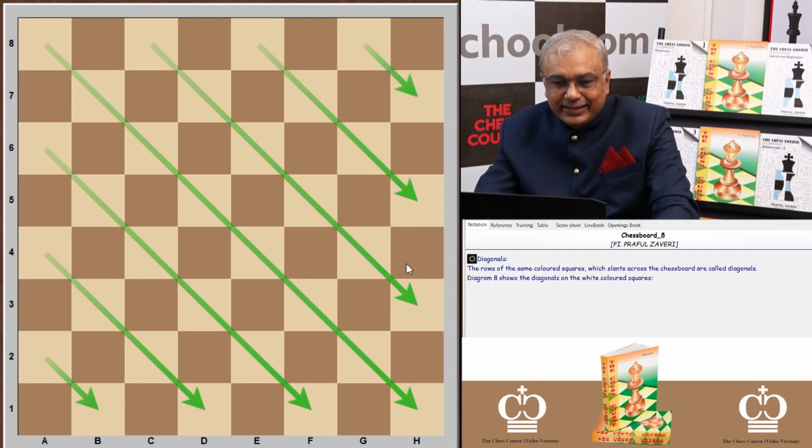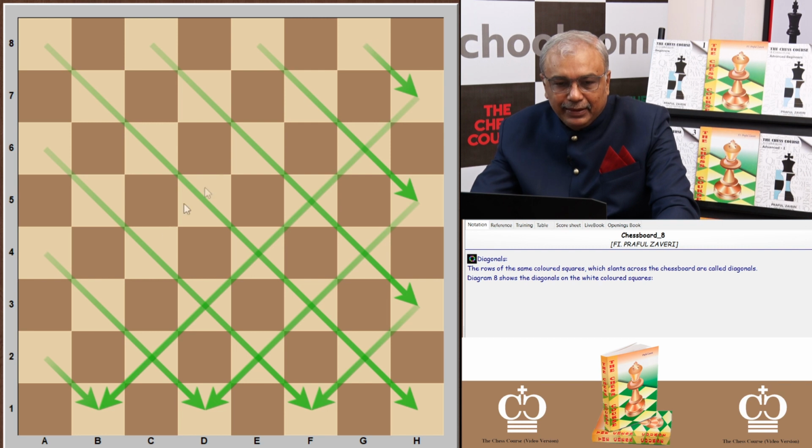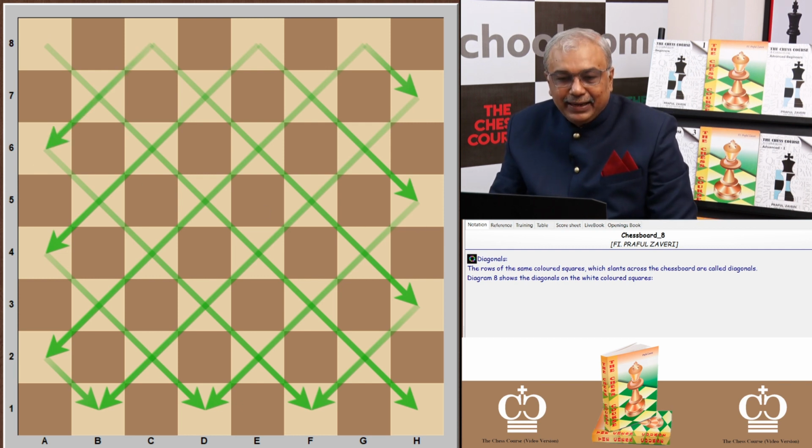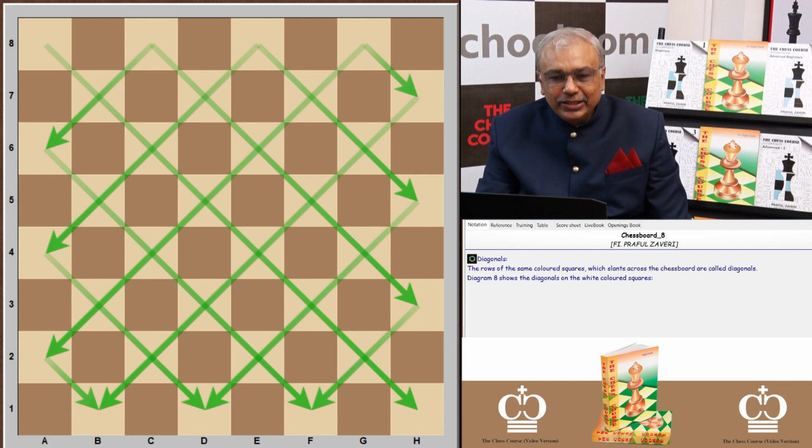So we have 7 diagonals this side, and then we bisect it here, 8, 9, 10, 11, 12 and 13. It means there are 13 diagonals on the white colored squares. Longest is of 8 squares and shortest is of 2 squares.